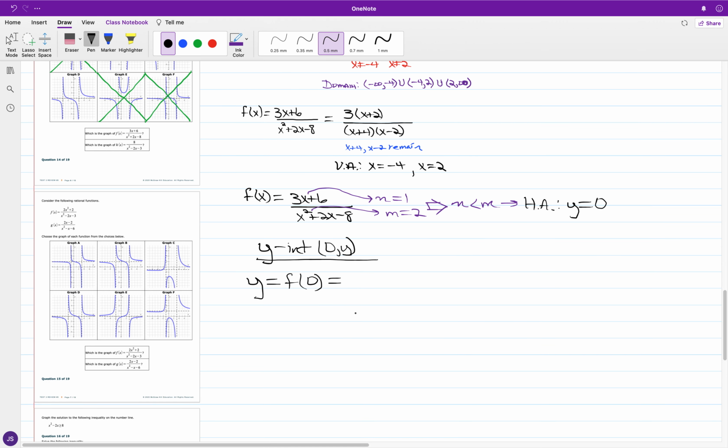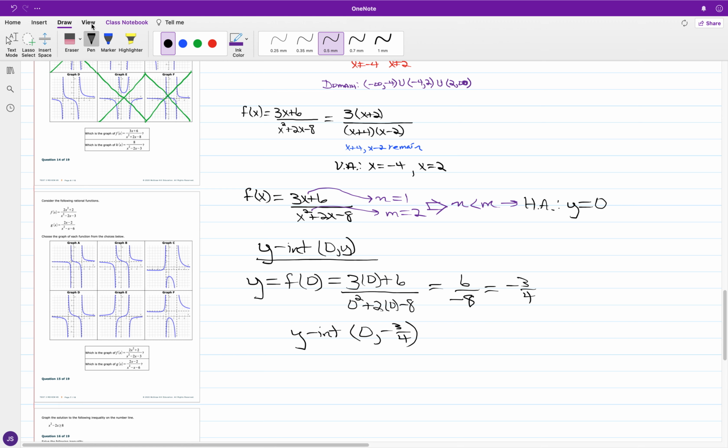You have 3 times 0 is 0, plus 6, all over 0 squared plus 2 times 0 minus 8. Okay, so you have positive 6 over negative 8. So this will be negative 3/4. So the y-intercept we'll have at 0, negative 3/4 on the y-axis.